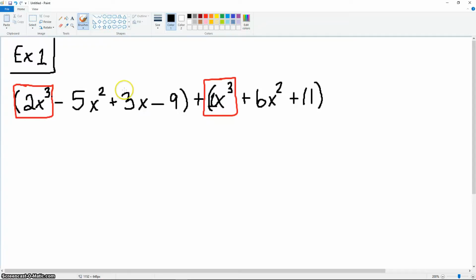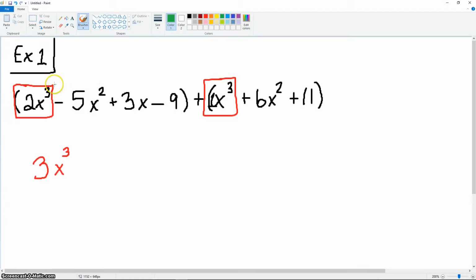And all I'm going to do is combine those two red boxes. 2 plus 1 is equal to 3. So we're going to have 3x cubed. All I combine is the coefficient of each one. All right, I'm done with that one.